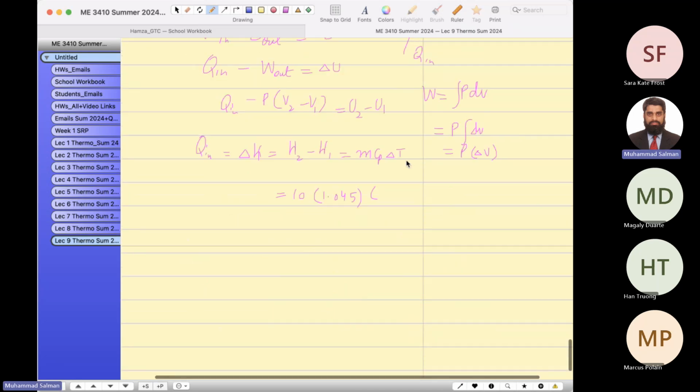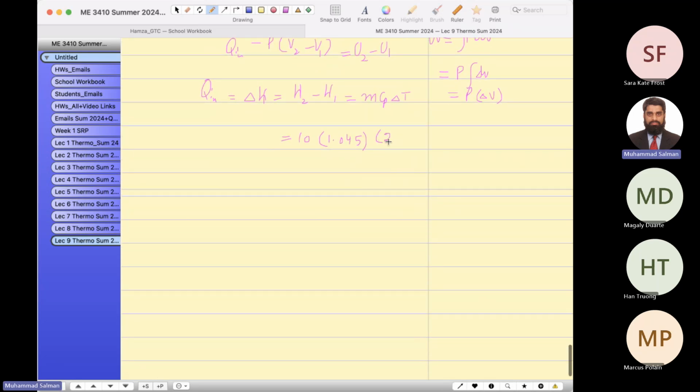Delta T is the temperature difference, which is 230. So that's it. Let's calculate this. 230 times 1.045 times 10 is 2403.4. Imagine this is just 2404 kilojoules.